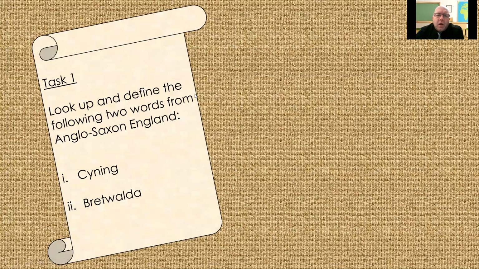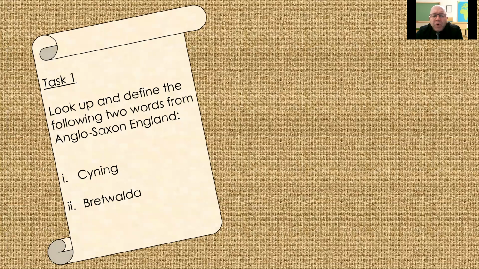Now, your first task is to do a little bit of language research. There are 2 Old English Anglo-Saxon words there, and I would like you to look them up and tell me what they mean. The first one is sinning, and the second one, Bretwalda.